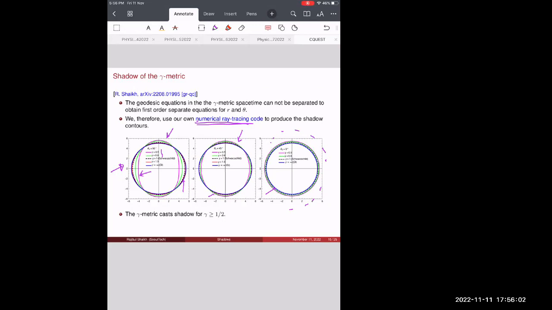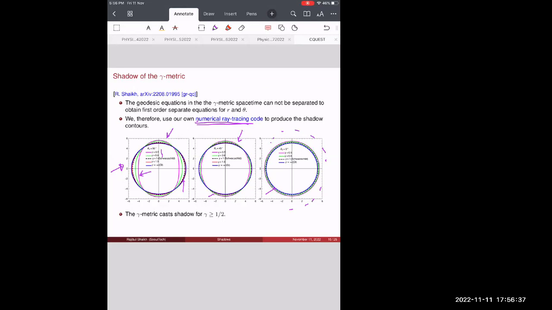So there is a lot of work on shadows of black holes in modified gravity or with matter. Generally people do not consider interaction between the photon and the background matter. They just treat them as non-interacting. That means they just take the space-time and study the shadow.